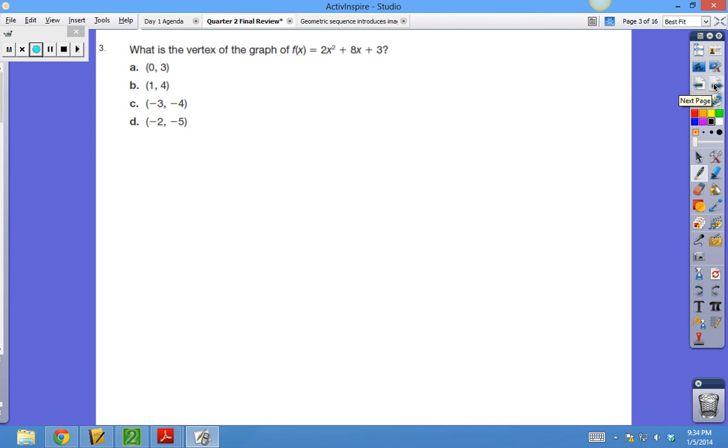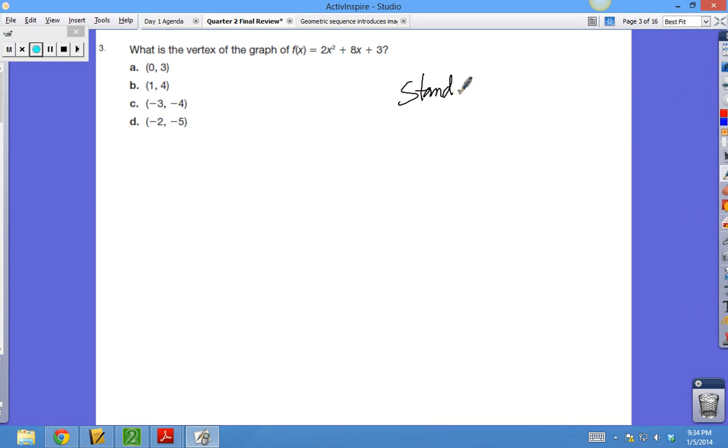Okay, the vertex of the graph. Now this is not vertex form, and it's not factored form. This is standard form. So the third model is standard. Standard is y equals ax squared plus bx plus c.